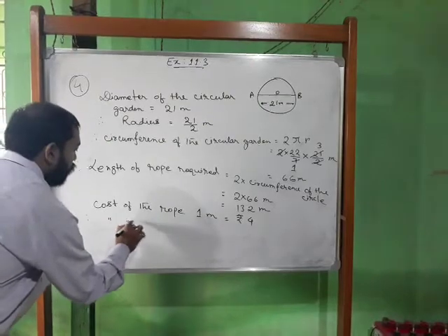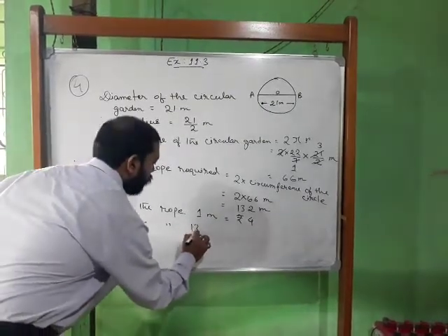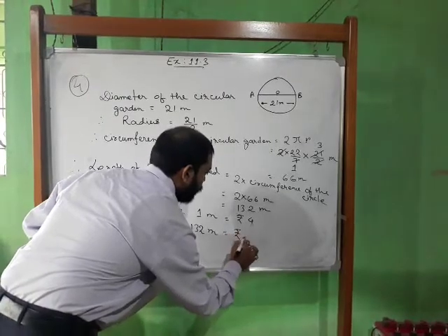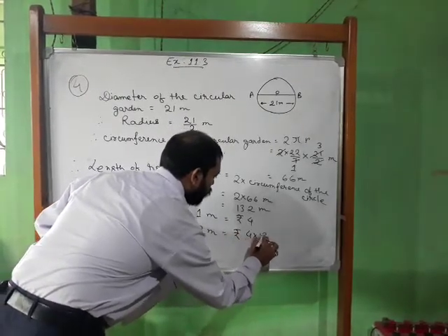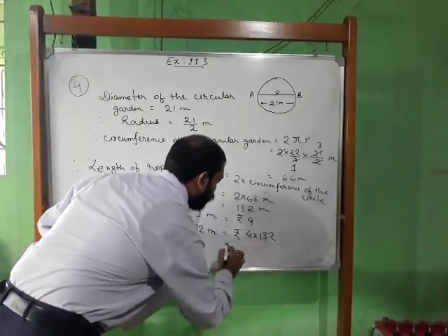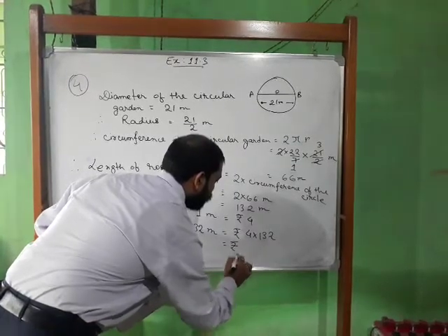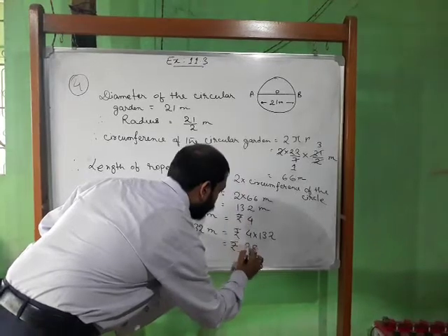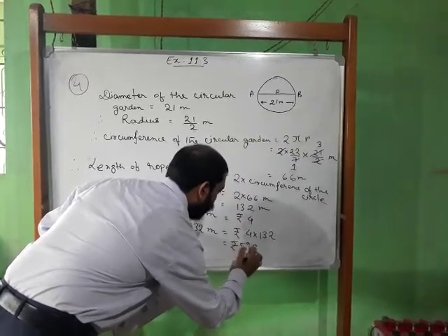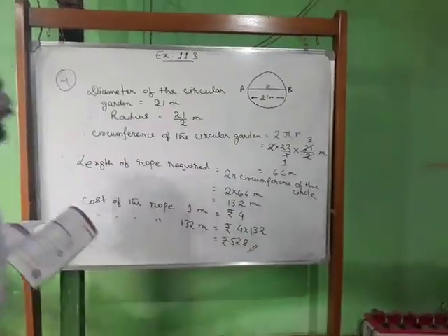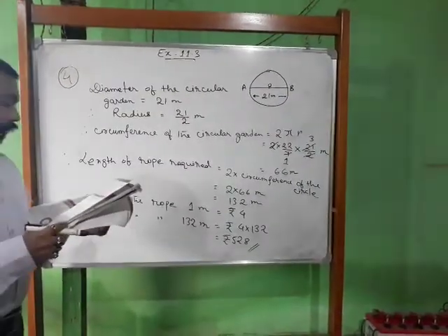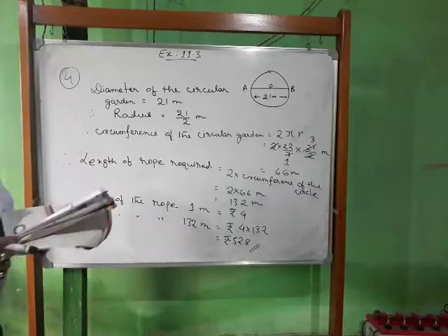Therefore the cost of the rope for 132 meter is equal to rupees 4 into 132, which is equal to rupees, so 4 2 is 8, it is 528 rupees. So in this way we have to solve question number 4.